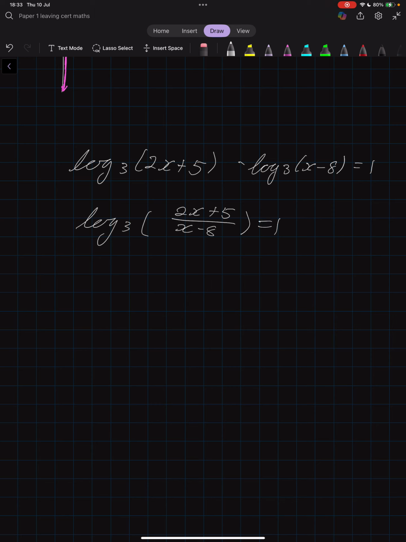Okay. Now the next step is I can just get rid of the logs on both sides. So what does this log say? Remember, log to the base a of x equals b is the same thing as saying a to the power b equals x. So it's the same thing as saying 3 to the power of 1 is equal to this thing.